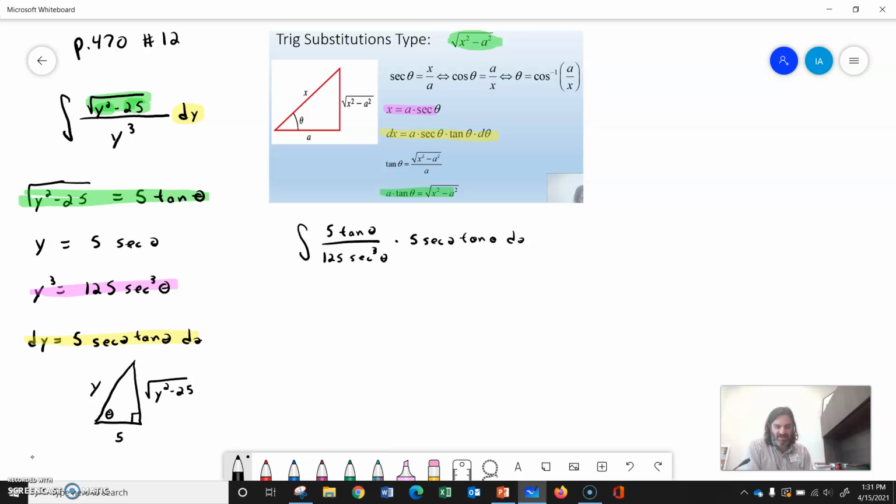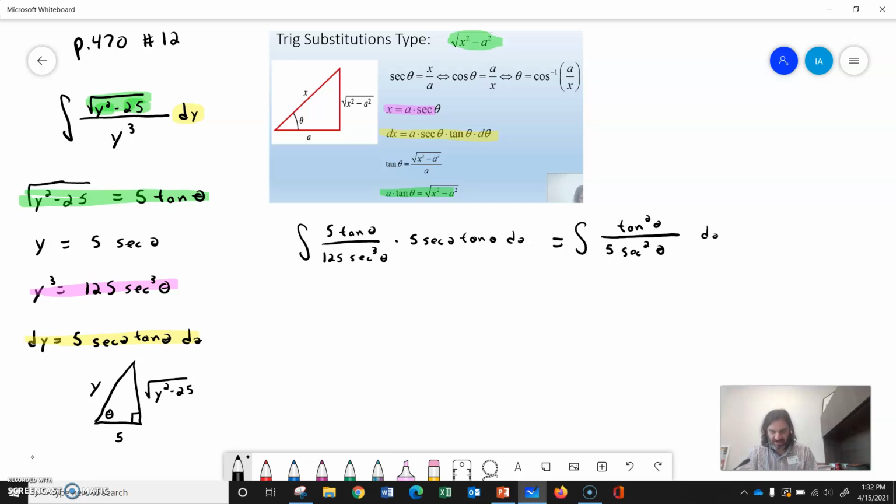So as we clean that up, we'll have 25 on top, 125 on bottom, so that'll simplify to just a 5 on the bottom. We have 2 tangents on top, so that is a tangent squared on top. We have a secant on top and 3 secants on the bottom, so that's a secant squared on bottom. So we've got tangent squared over 5 secant squared.